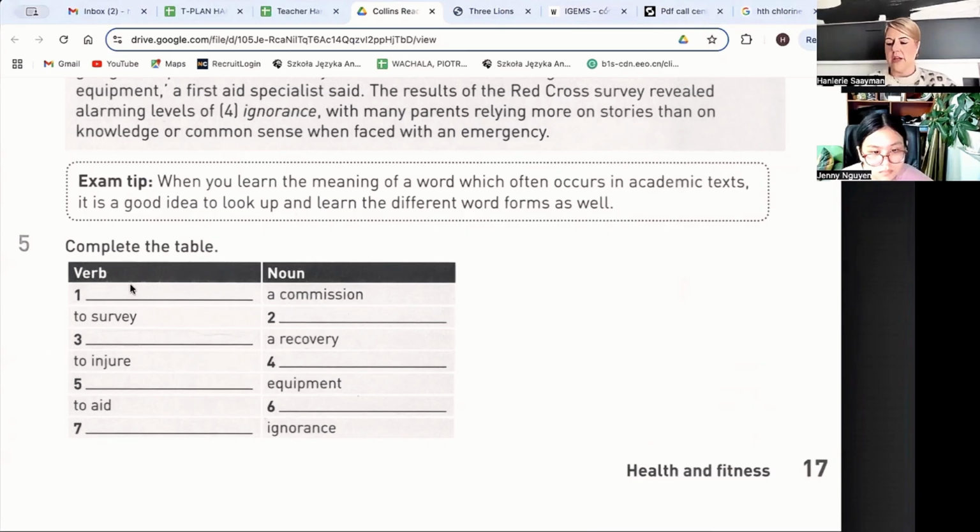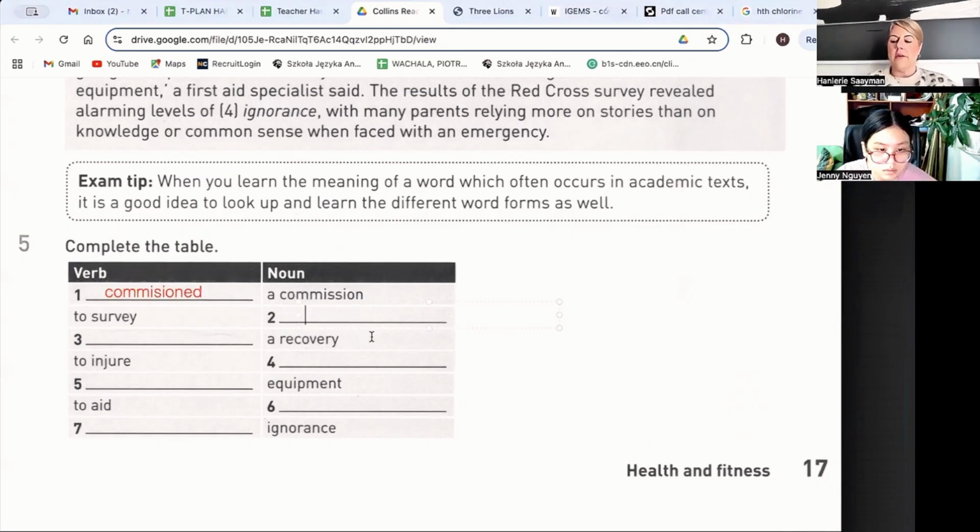So we give out an order. There we go. Commissioned. Okay. Commissioned, that would be the verb. A commission is giving instruction. Commissioned is the verb. To survey.